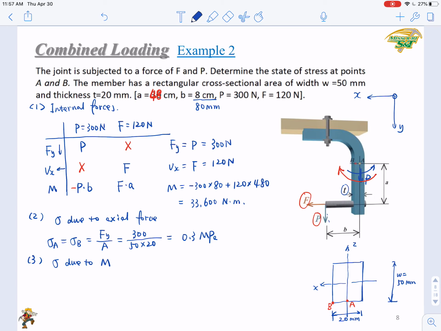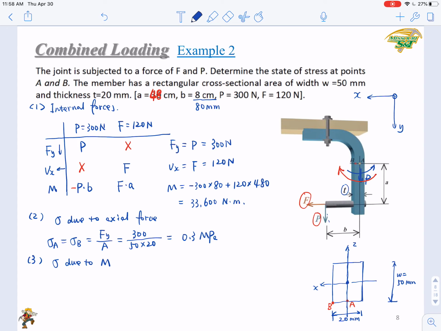Okay, at point A, you can see that point A is right on the z-axis, meaning that since the bending moment is with respect to the z-axis, this is the centroid.